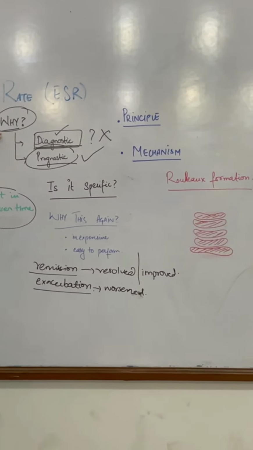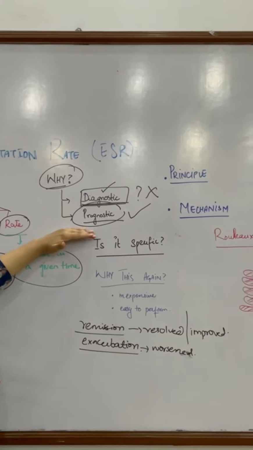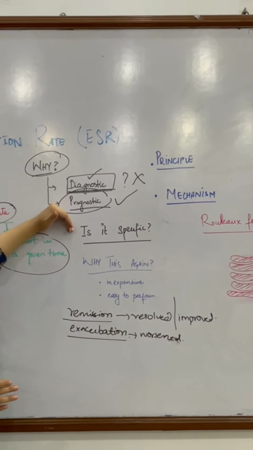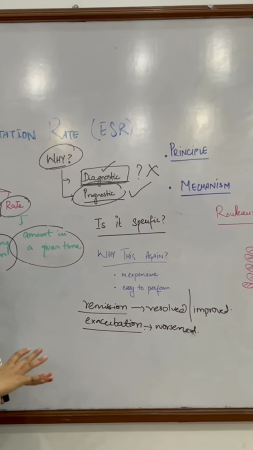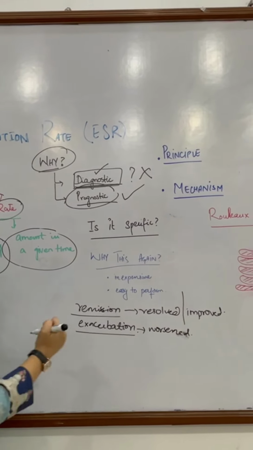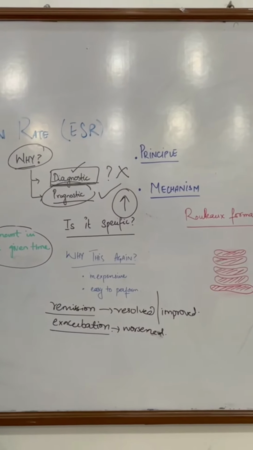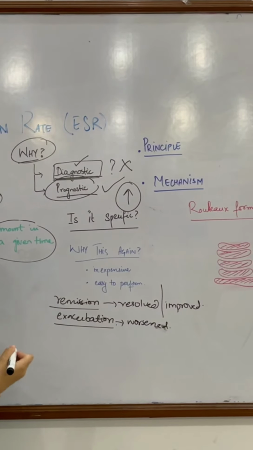So the ESR basically tells us the patient is having a particular disease. We don't know which disease because it is not diagnostic, but when we repeat the ESR, it will definitely tell us whether the condition of the patient is improving or not. If the ESR is rising, the disease is exacerbating, or the condition of the patient is worsening.